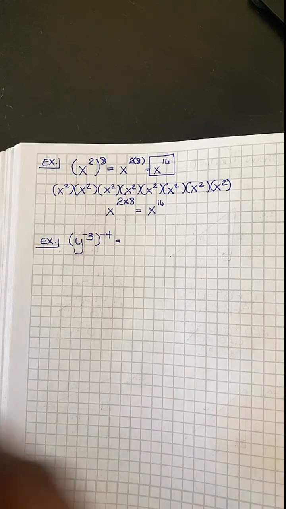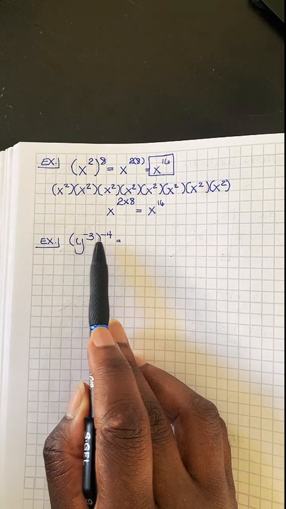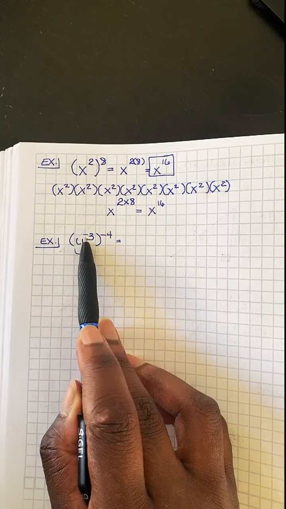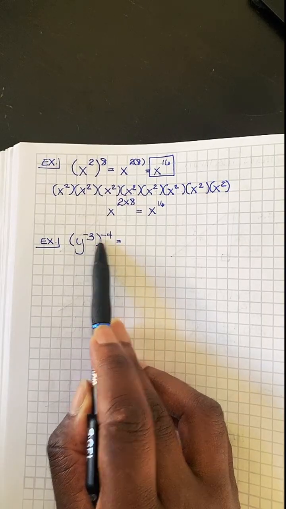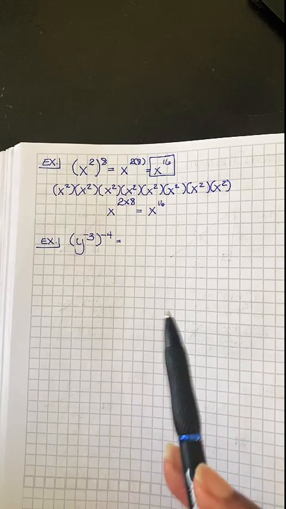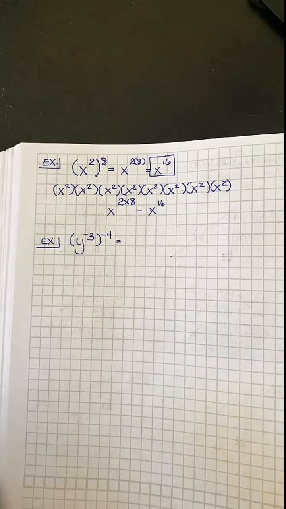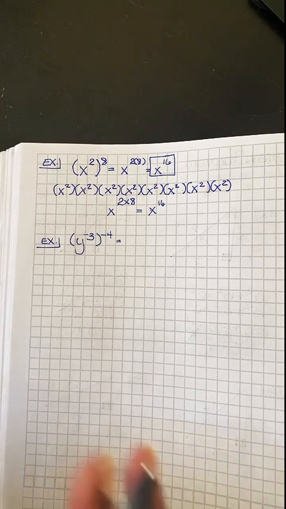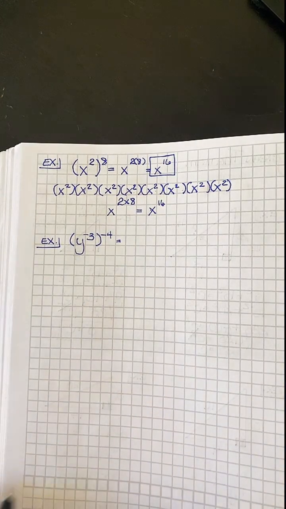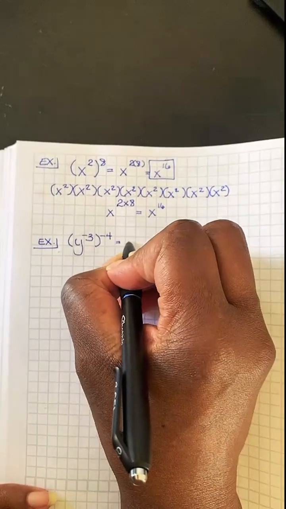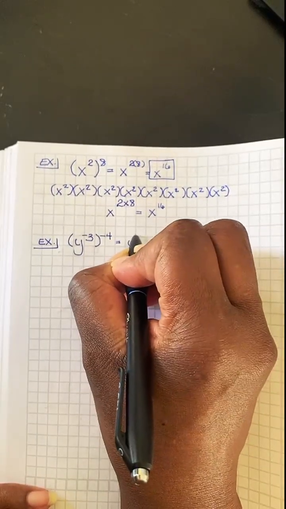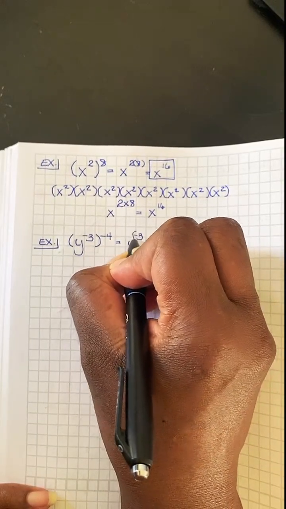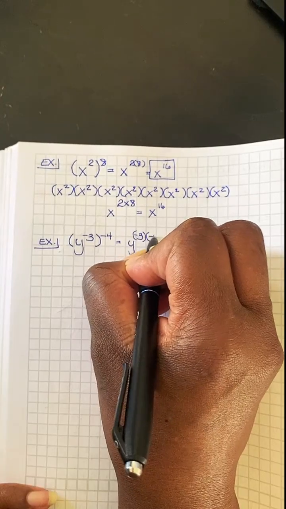But remember, we have a negative being raised by a negative. A negative times a negative gives me a positive. So those rules of integers and signs still apply. We're never just learning it once and then we're done. In this situation, we have y raised to the negative third times the negative fourth.